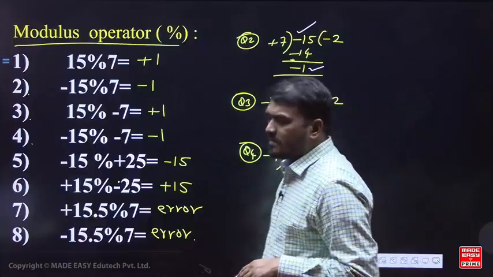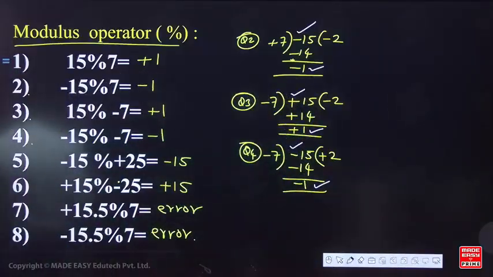Just copy these answers also. Kashish Verma, 5 should be -10 and 6 will be +10.